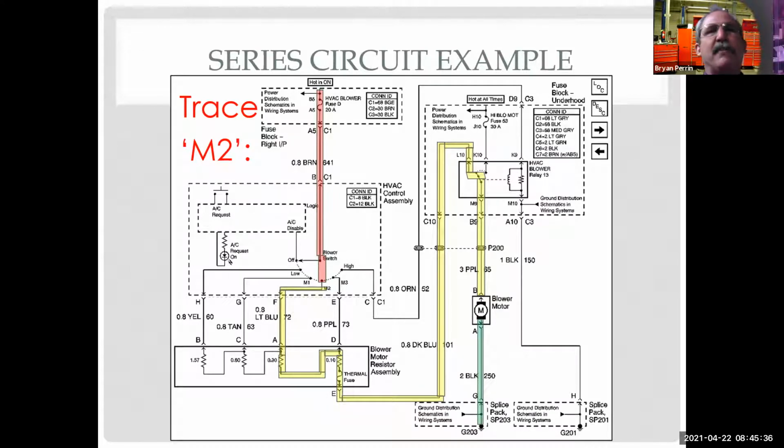The issue is our digital multimeters have 10 megaohms impedance. So even though we're hooking them in parallel here, which would make a parallel circuit, they don't flow any current. So I'm still going to see that voltage potential there, and that's what really confuses people. People think they have shorted switches or shorted wires, all kinds of stuff, because they're not understanding this concept that power is going to feed back in an open parallel circuit.